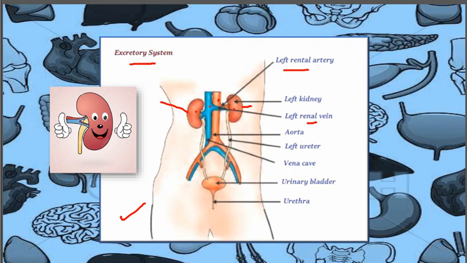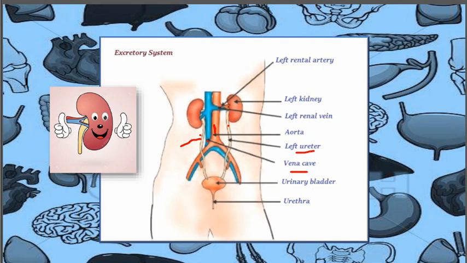Also here you can see the two main ureters, which are important organs. This is the left ureter and this is the right ureter. And you can also see the vena cava. This is the aorta, and behind it is the vena cava.